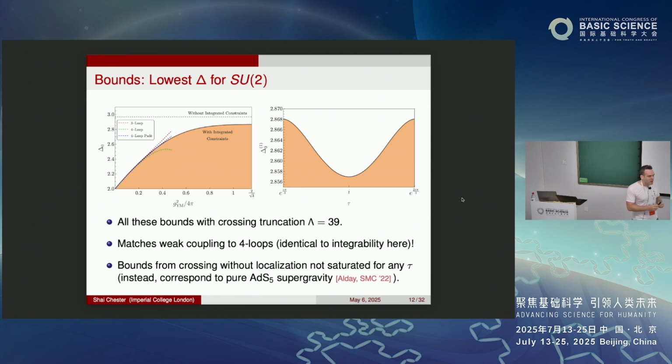If you want a lower bound, you have to assume a gap in the spectrum. So you would have to say there's only one operator of dimension less than 4, and then you could scan over that one operator, and in principle that would give a lower bound. I'll talk about that at the end of the talk. But to get that lower bound, your bootstrap has to be sufficiently accurate that it knows the value of the second lowest operator. Anyway, I'll talk about that at the end. It's a good question.